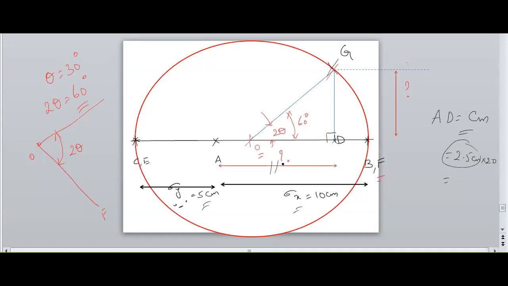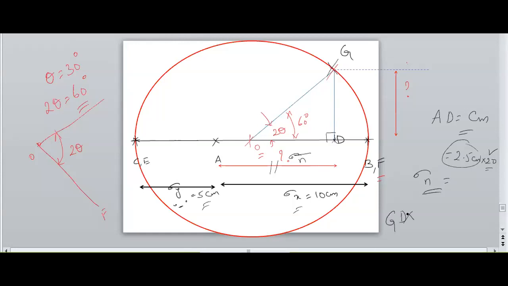The answer will be varying. You need to measure from A to D with a graphical representation by a scale, and we need to multiply with the scale factor. Therefore, we'll get the answer of the normal stress on the oblique plane.